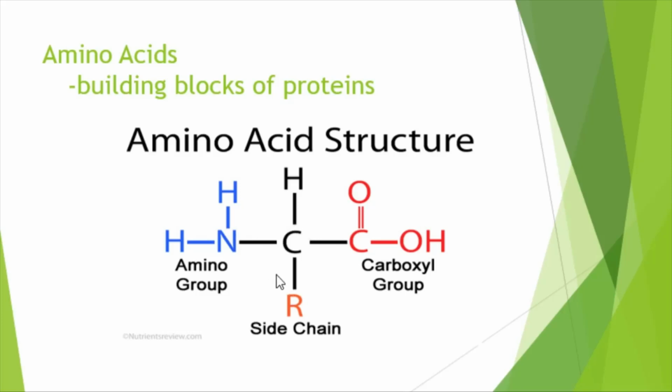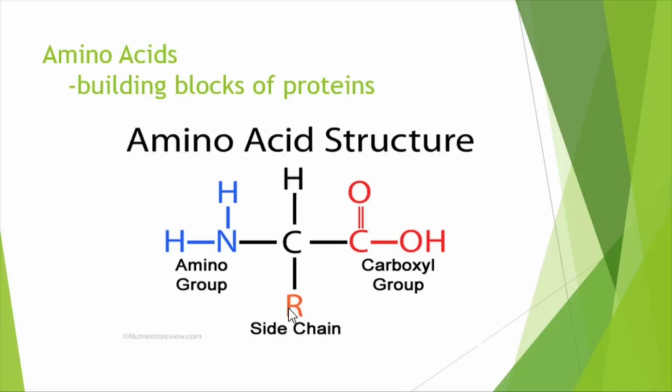The elements in your amino acids are carbon, hydrogen, oxygen, and nitrogen. Being an amino acid, as the term implies, amino comes from the amino group and acid comes from the carboxyl group, because these are carboxylic acids. That's why it got its name, amino acid.